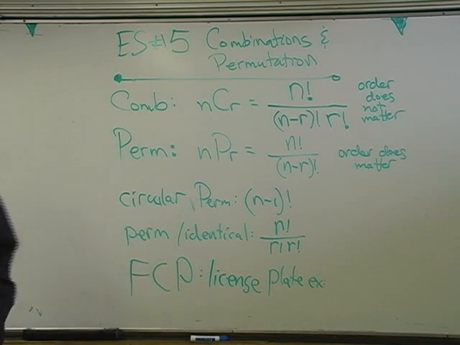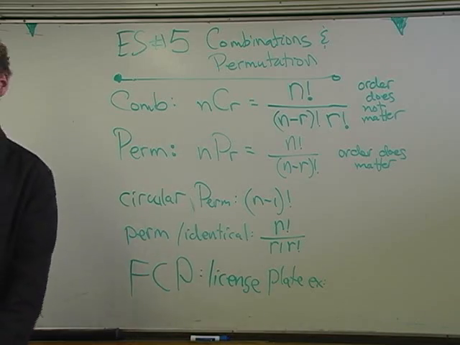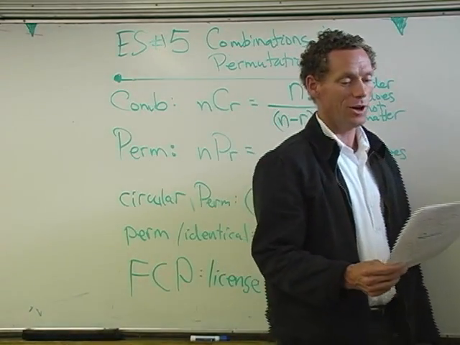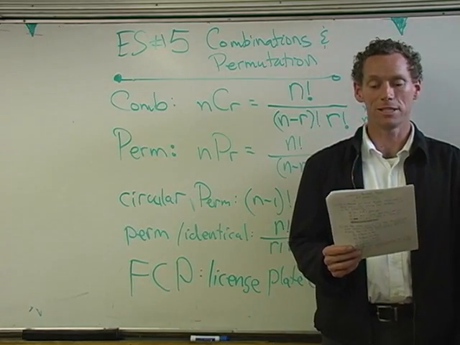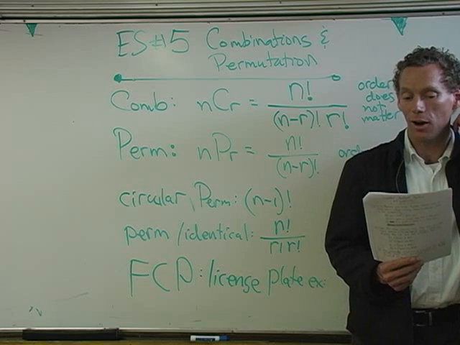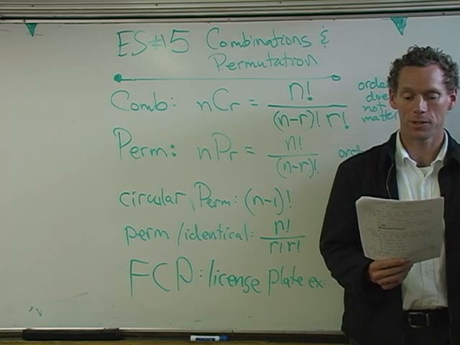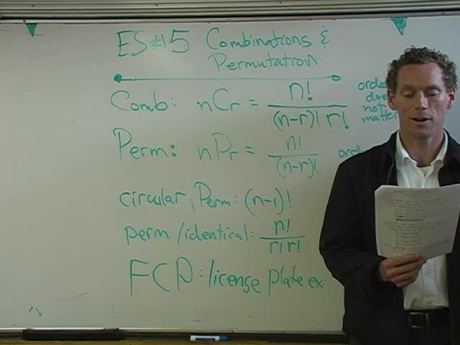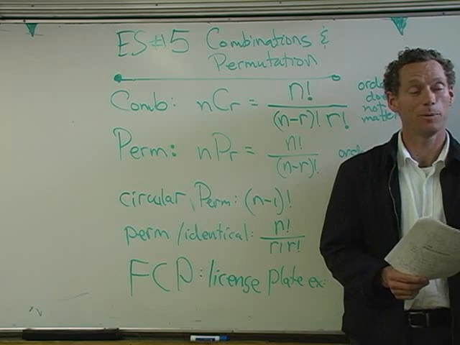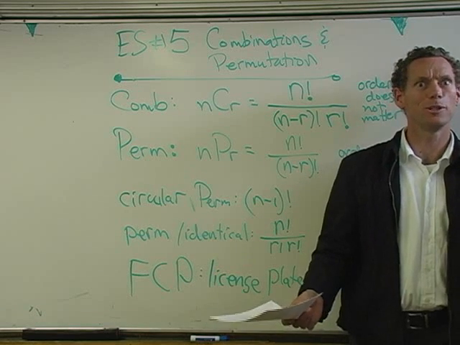Let's see if we can talk about these questions briefly. Question number 1. Pally has 12 members on the JV girls basketball team. Only 5 of the 12 may be on the court at any one time. How many different groups of 5 are there? Is that a combination, permutation, circular permutation?